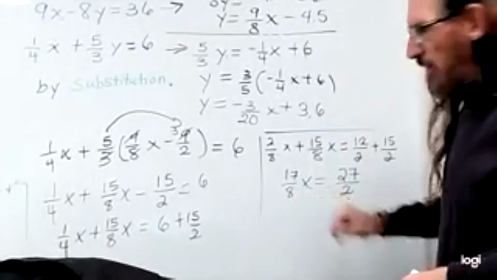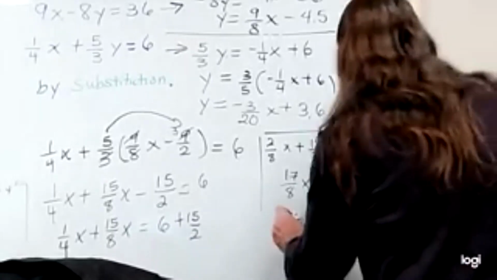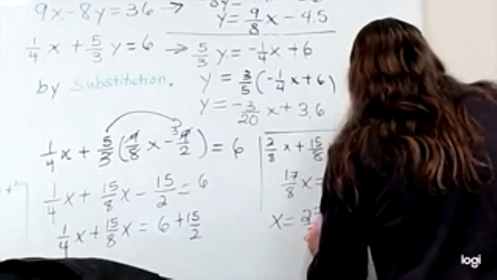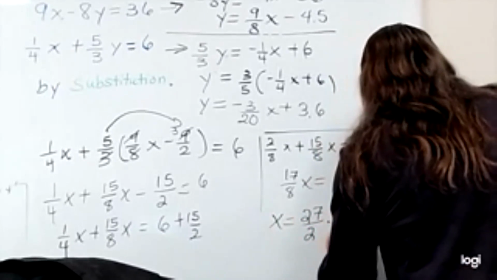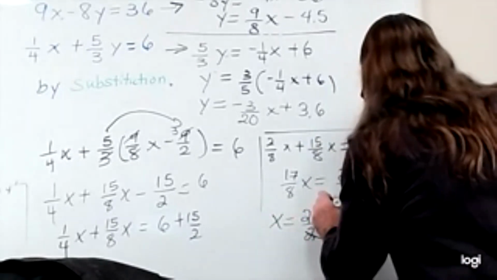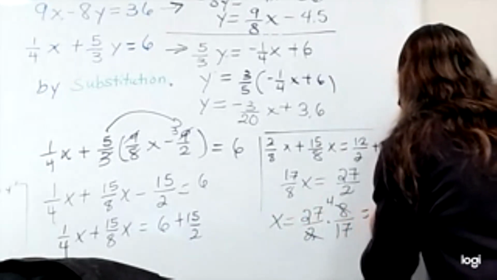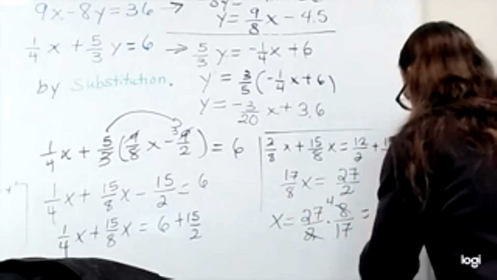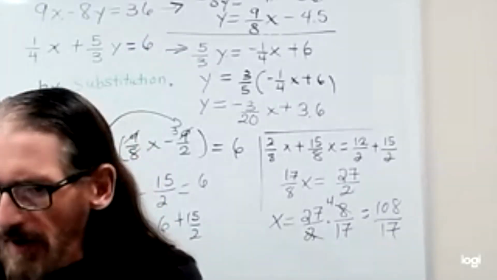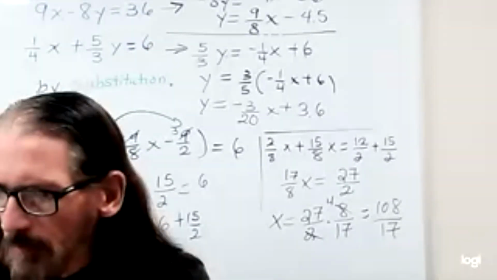Dividing both sides by 17/8 would be the same as multiplying by 8/17. Two will go into the 8 4 times. 27 times 4 is 108. And that's over 17. I'm going to double check since we solved that by graphing as well.